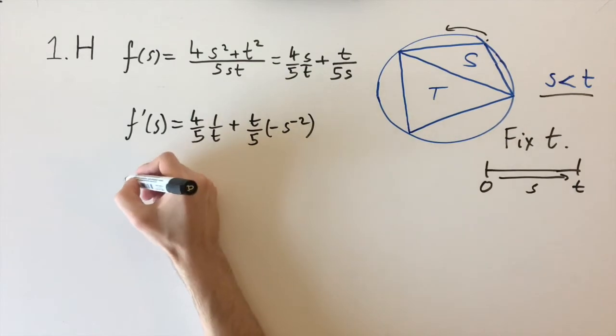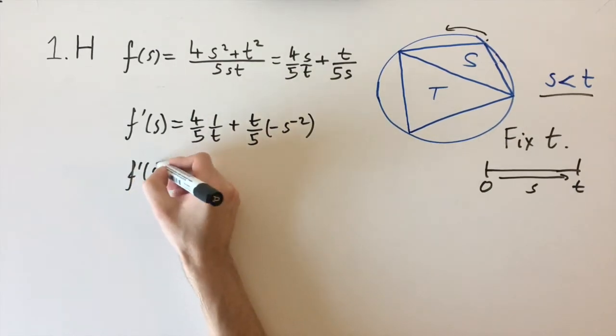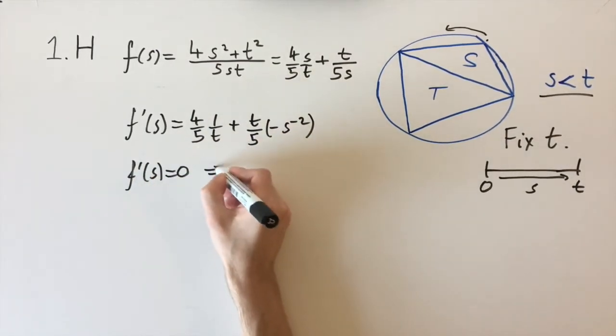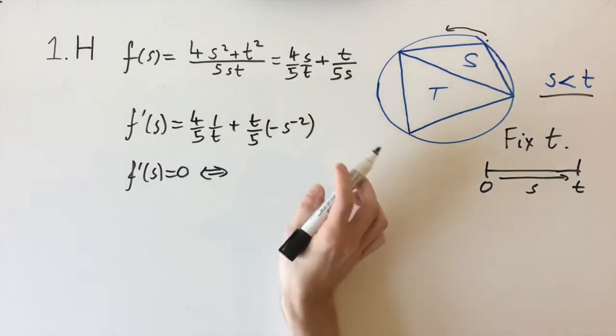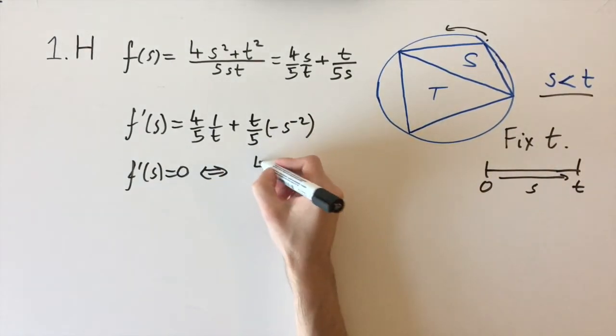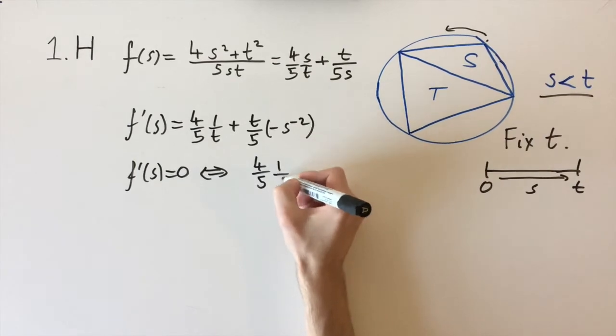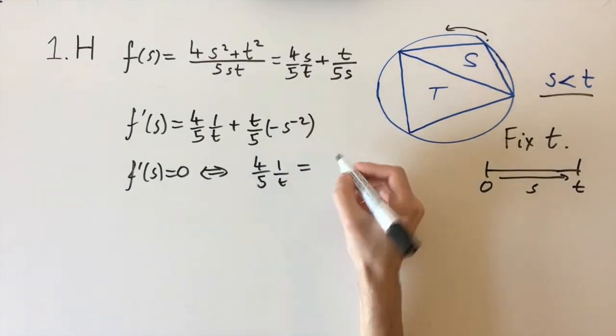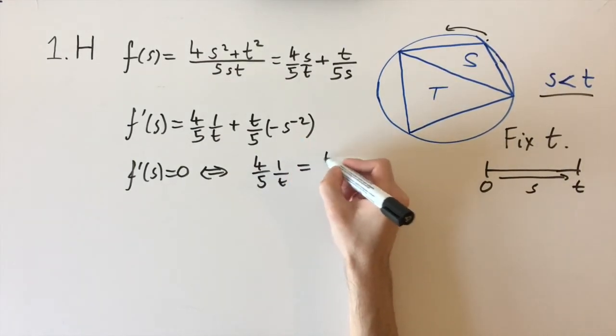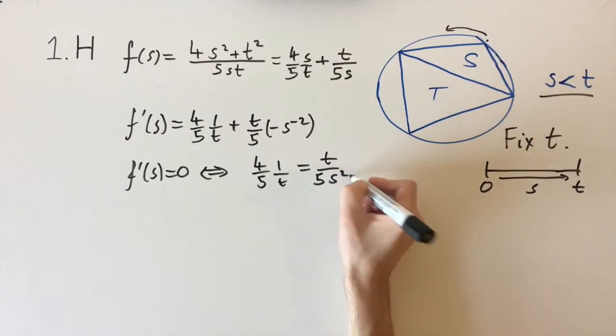That will give us a turning point. So f dashed of s equals 0. If we bring this over to the other side of the equation, we have 4 over 5 times 1 over t equals t over 5s squared.